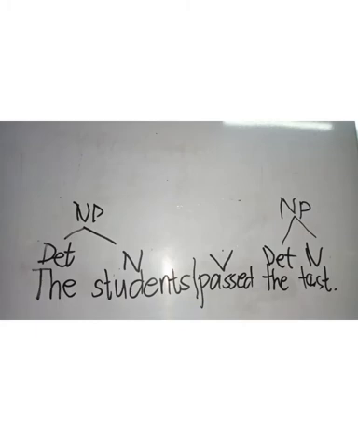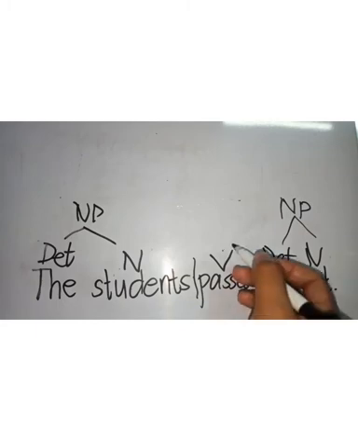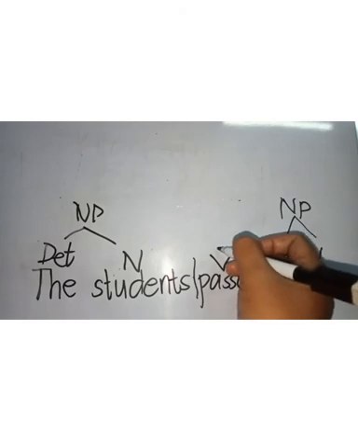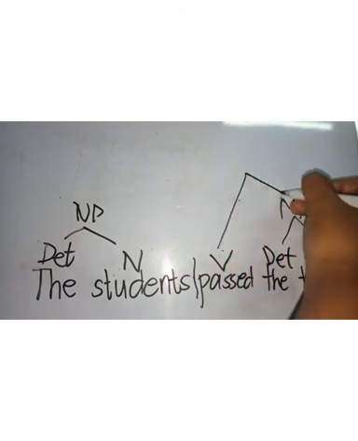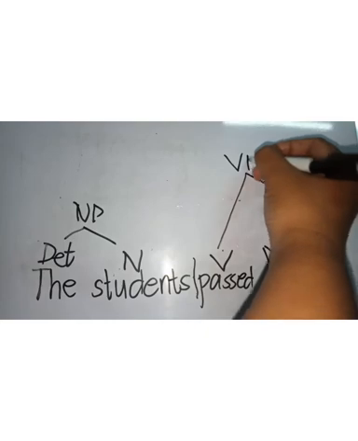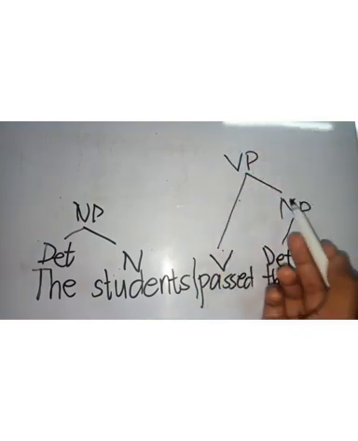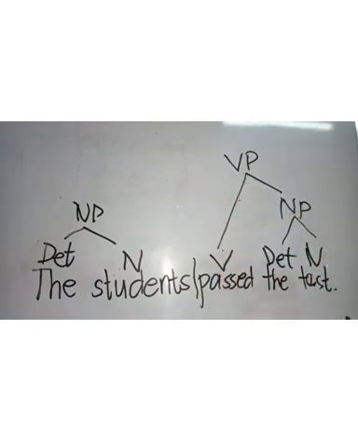So a verb phrase has a verb plus a noun phrase. So we add here V plus NP creates a verb phrase. So this subtree here follows your rule number 3 of phrase structure.